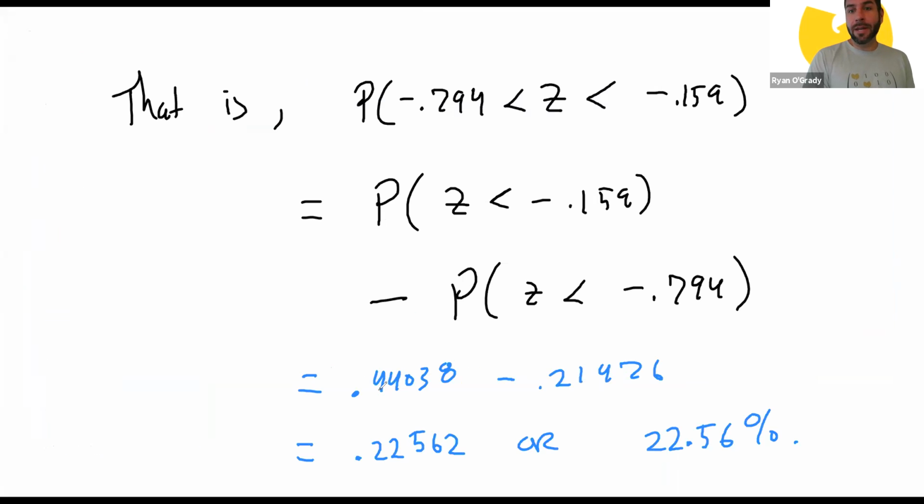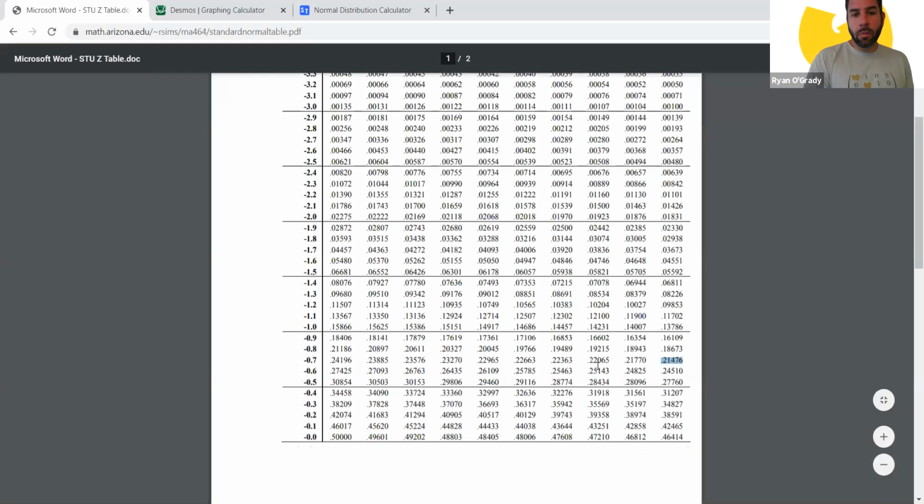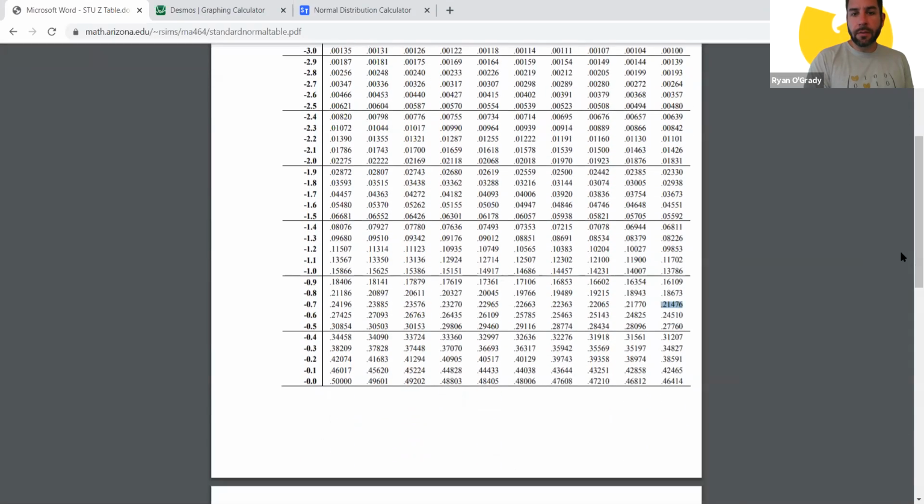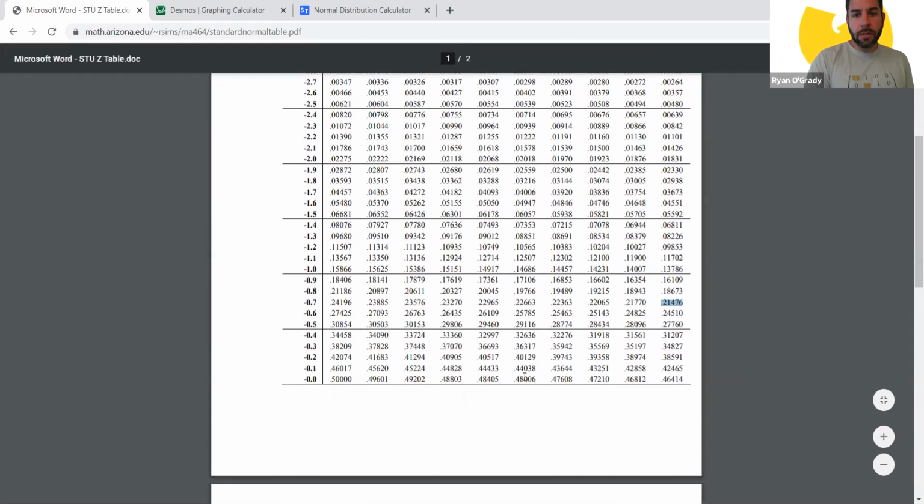Maybe we go back to our table, 0.159. So what if I go back to my table? 0.1 and then 5. What was 0.15? Well, 5 is this column. Once again, it's 0.44038.